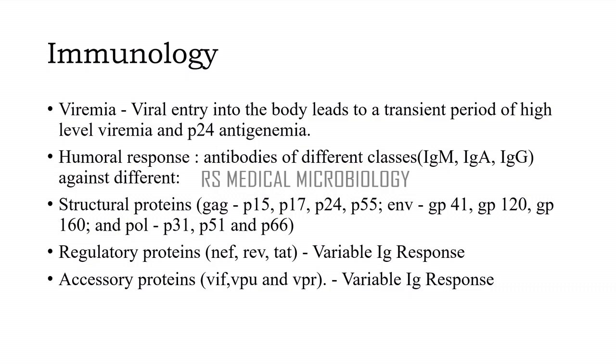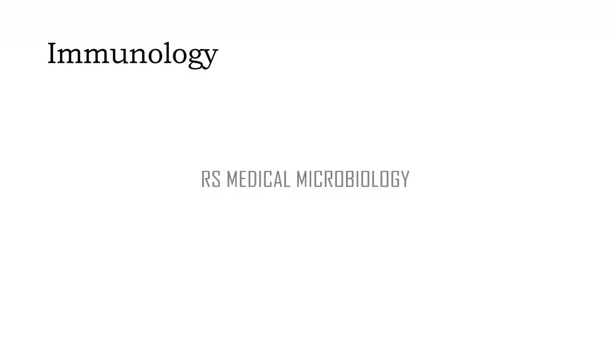Immunology wise, what happens? Once the virus enters the body, there is a high level of viremia, and the P24 antigen level increases. There is a huge humoral response where antibodies are produced against various proteins, structural, non-structural, everything. But the immunoglobulin response to the regulatory and accessory proteins is variable.